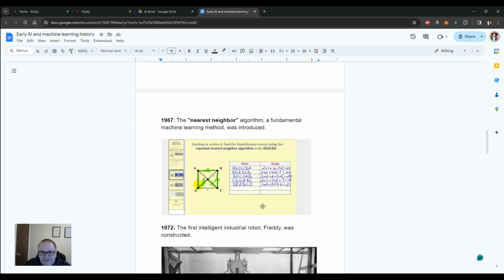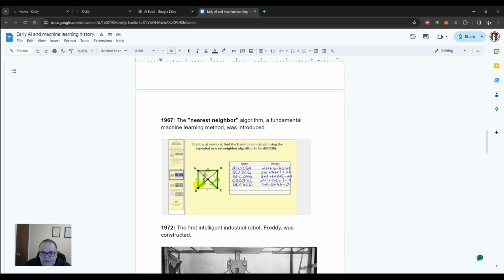In 1967, the nearest neighbor algorithm, which is a fundamental machine learning method, was introduced. As you can see here, you've got a diagram with A, B, C, D, and E in the middle.